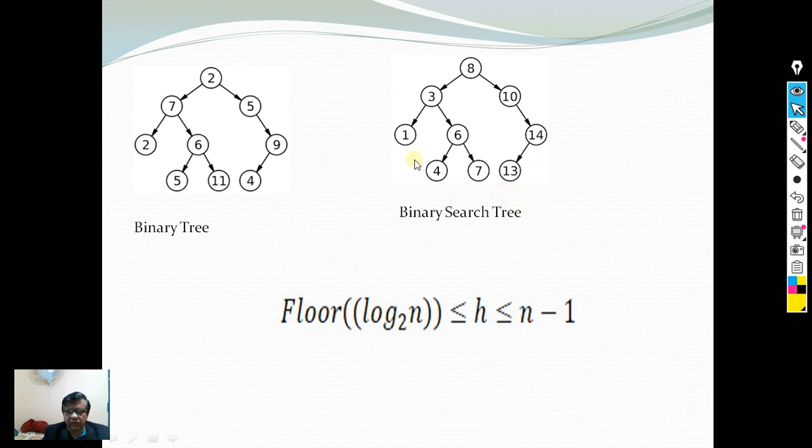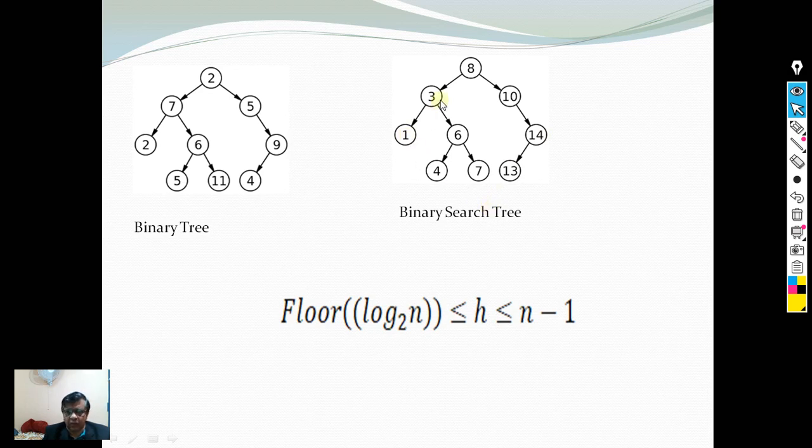When you traverse this binary search tree in an in-order fashion, it goes like this: the left subtree, the node, and the right subtree. You get 1 3 4 6 7 8 10 13 14.